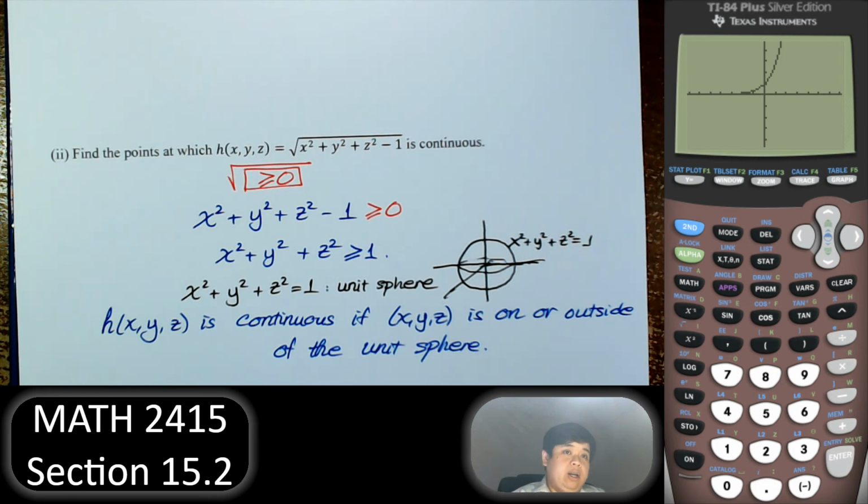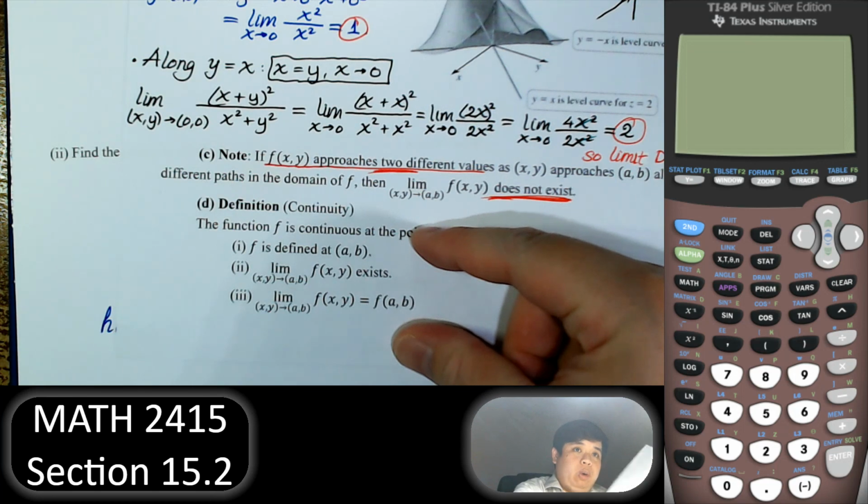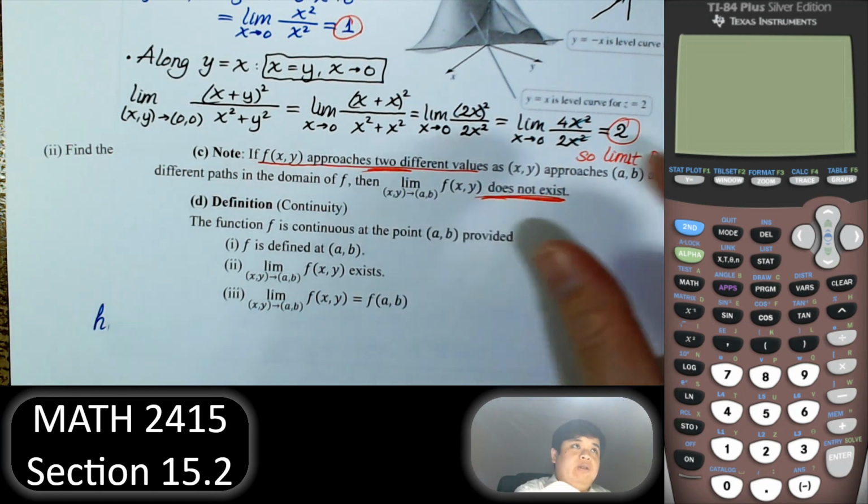What doesn't work is the piecewise function. If we have a piecewise function, check the limit, check the value of the function, make sure they are equal. So certainly this will be required for a piecewise function.